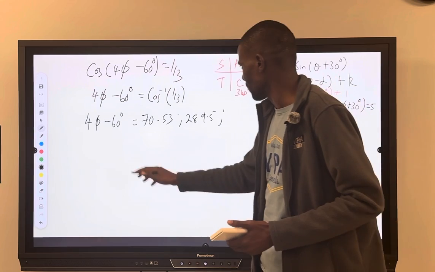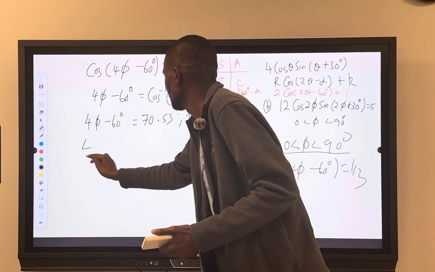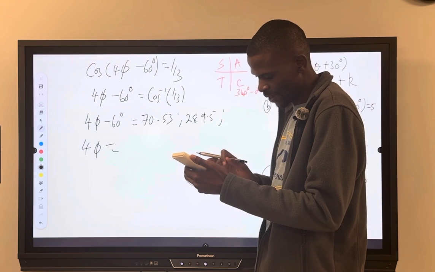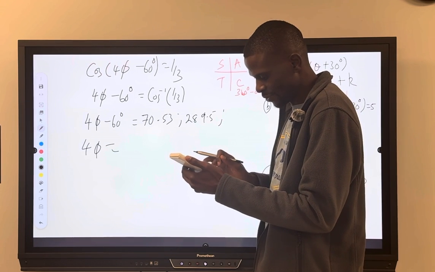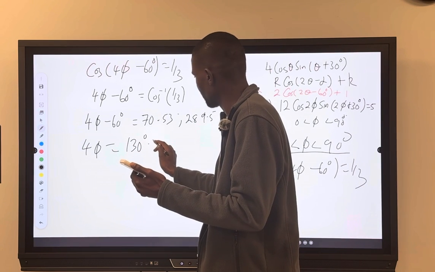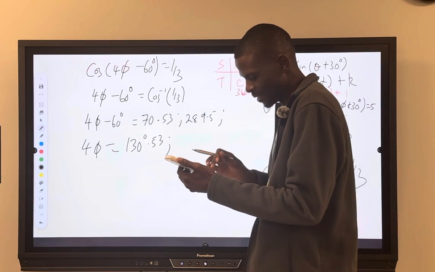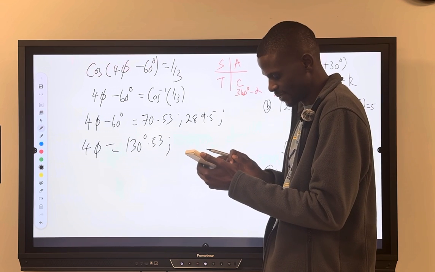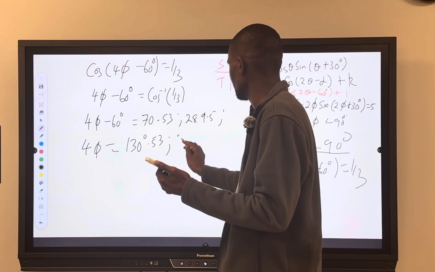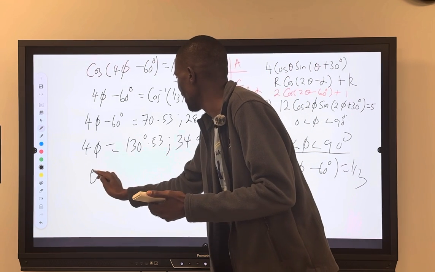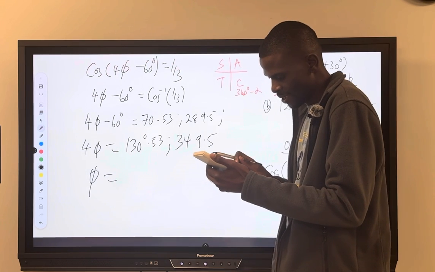Now let's add 60 on each angle. 70.53 plus 60 gives 130.53, and 289.5 plus 60 gives 349.5.